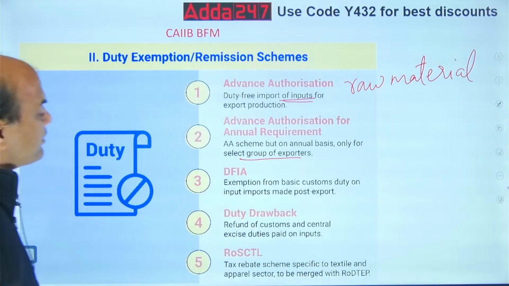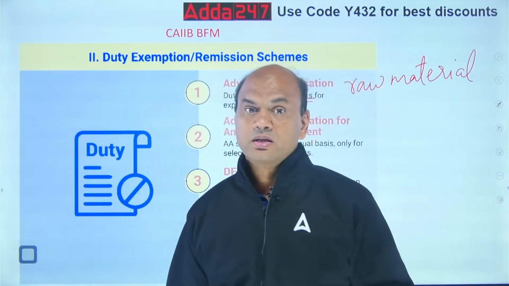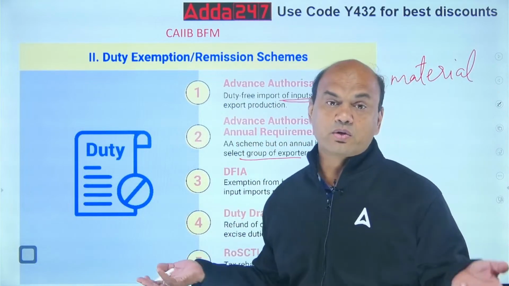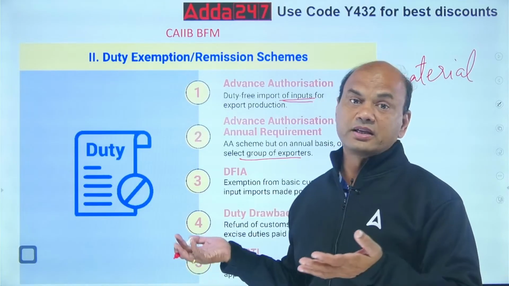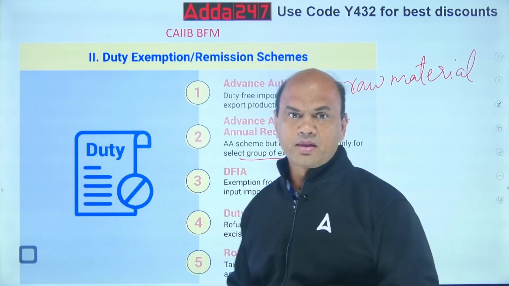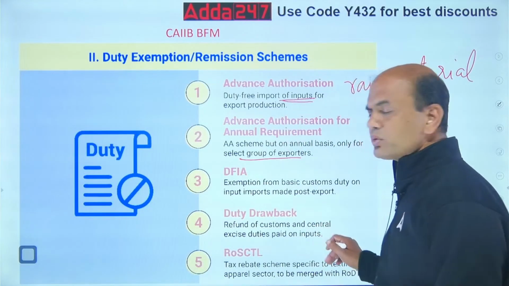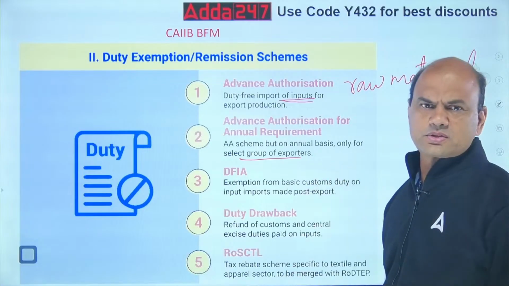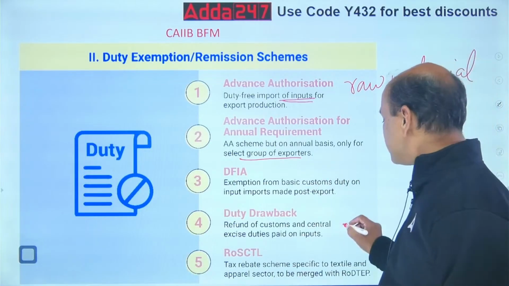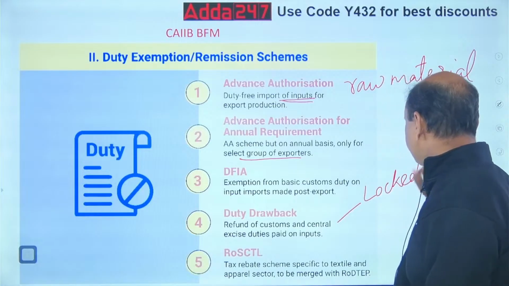But for that, in the meantime, what happens? Suppose this duty is too much. Suppose, let's say you are Reliance or Tata, or Airtel or Mahindra, any big company. In that case, what will happen? This duty goes in crores, lakhs of crores. So this much money gets locked in the government.